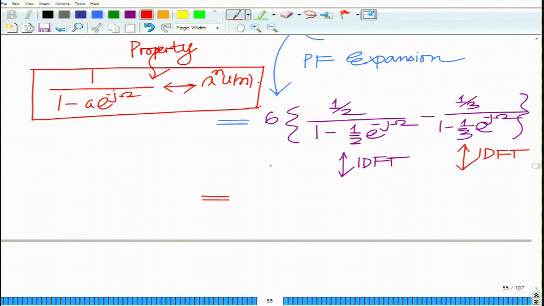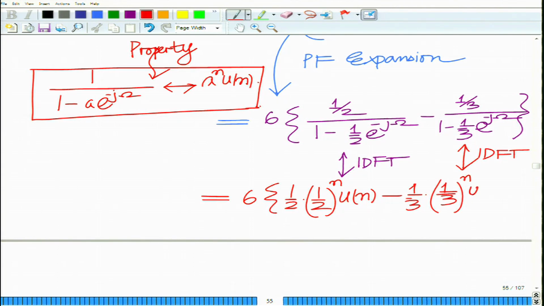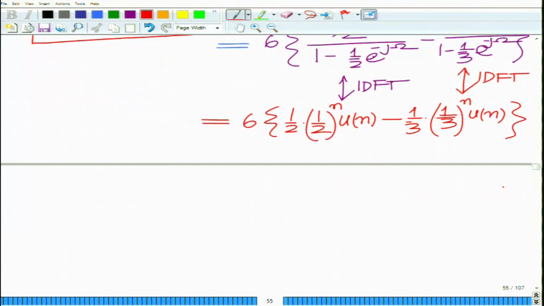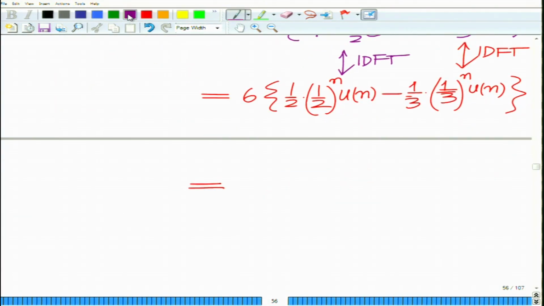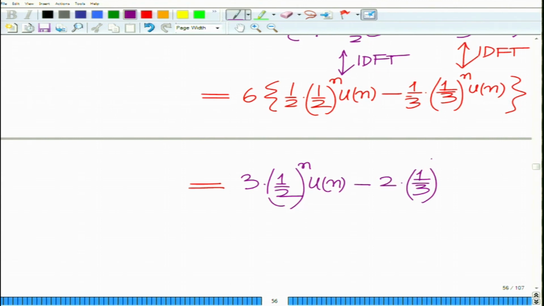Using this property and taking the IDFT, we have 6 times half raised to the power of n u[n], minus 1 over 3 times 1 over 1 minus 3 e raised to minus j omega, which is 1 over 3 raised to n u[n]. Simplifying this gives 3 times half raised to the n u[n] minus 2 times 1 over 3 raised to the power n u[n].